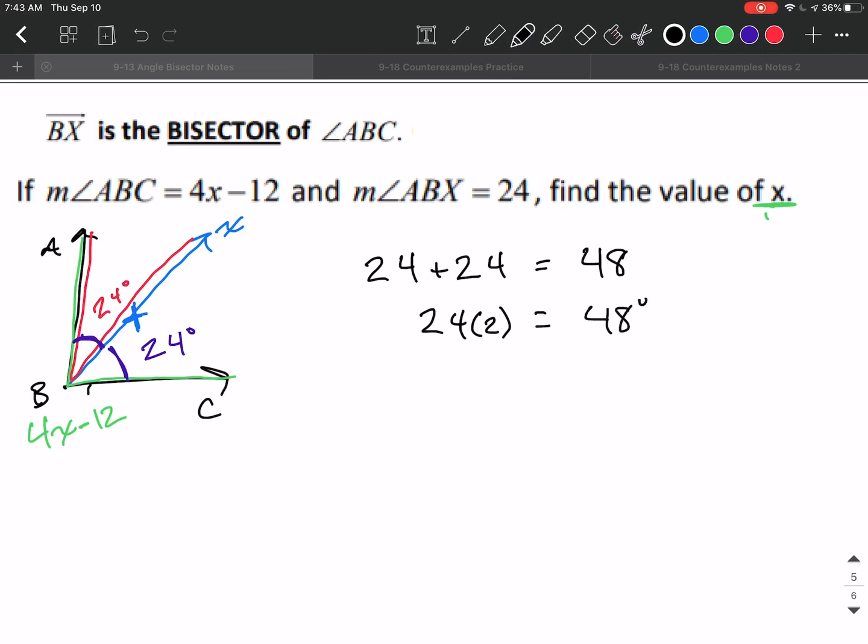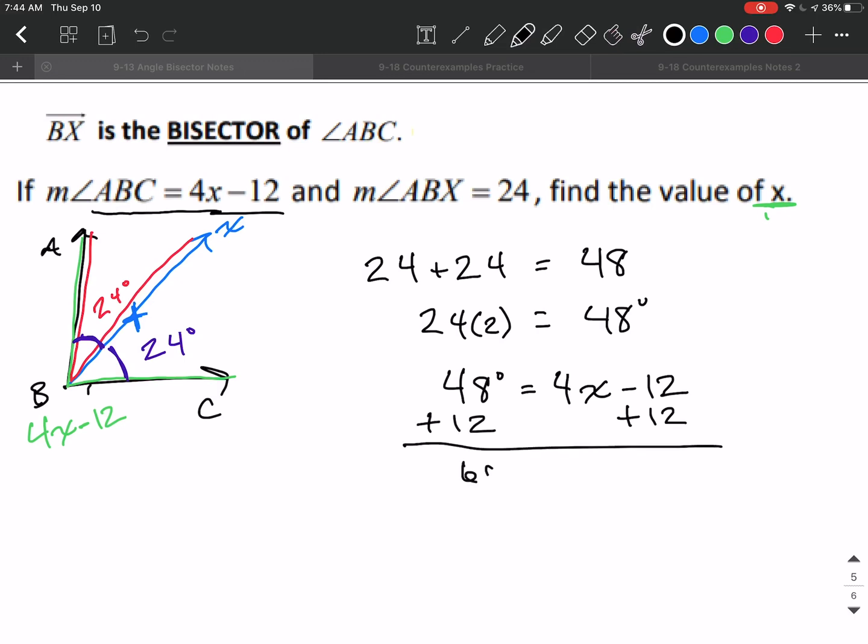So now I know that 48 will equal the measure of ABC, which is listed as 4x minus 12. So now I'm going to solve for x. So we'll add 12. So 48 plus 12 is 60. 60 equals 4x. To get x by itself, I would divide, and I'm left with x equals 15.